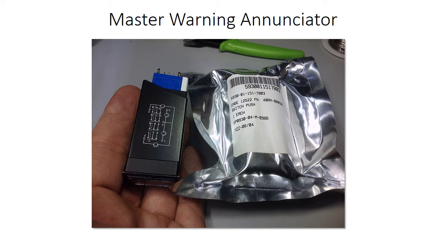So in desperation, I started searching on the internet. I got on the internet, and I actually found a military surplus source for the annunciator that you see in this picture. And these are brand new, sealed military surplus. They came, I believe, off of a P3 Orion Subhunter. If you look at that part number on the bag, you can actually Google that and you can find some information.